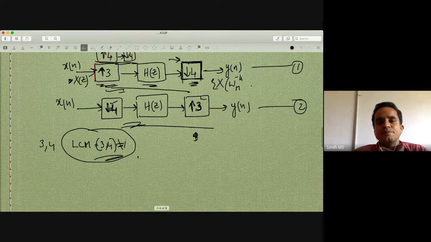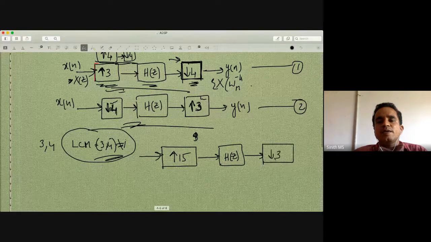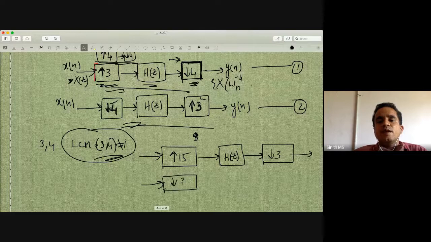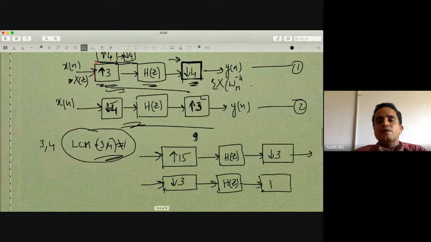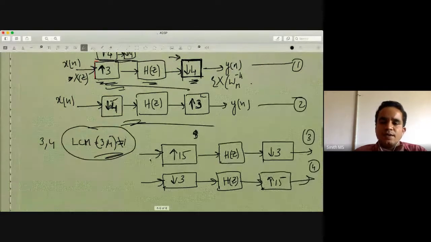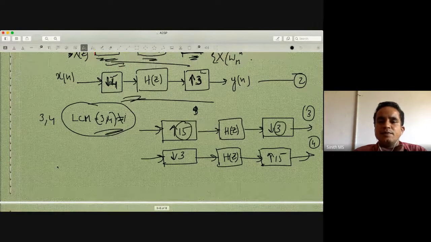For example, if you put an upsampler by a factor of 15, then an H(z), then a downsampling by a factor of, say, 3, and I ask whether downsampling by a factor of 3 followed by H(z) followed by an upsampler by a factor of 15 is the same, then they are not the same, because 15 and 3 have a common factor, which is 3.